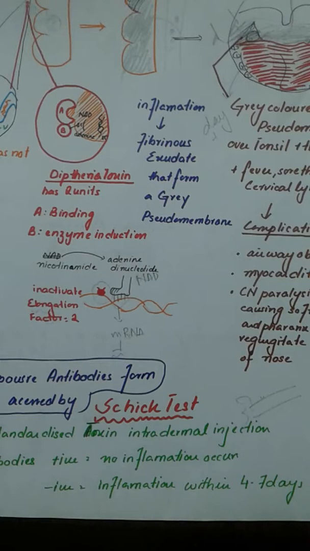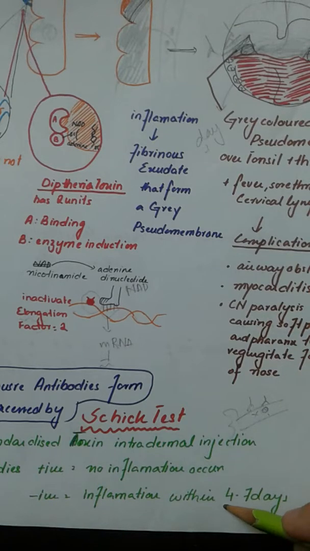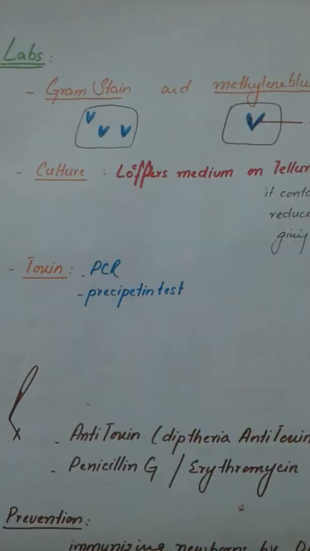If the antibodies are positive, there is no inflammation, and if the antibodies are negative, there will be inflammation. If antibodies are already present, it would not result in any sort of inflammation. This inflammation normally occurs up to 4 to 7 days.